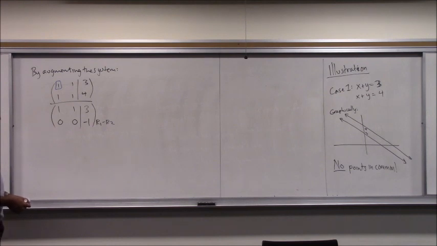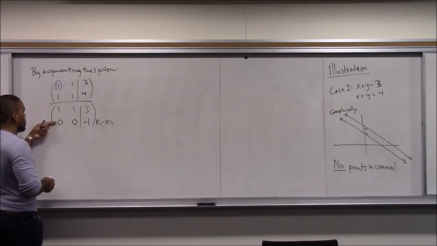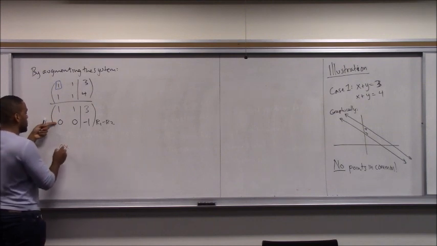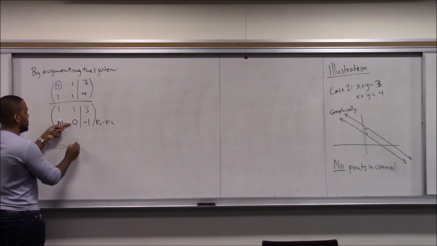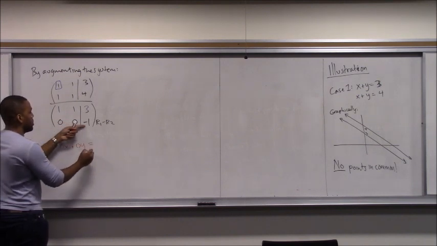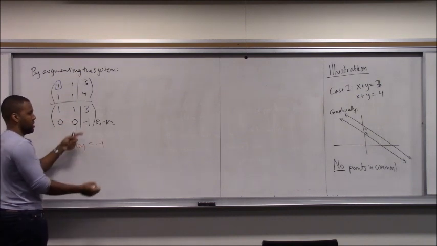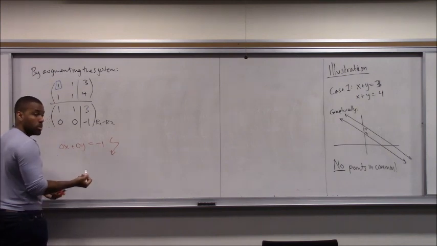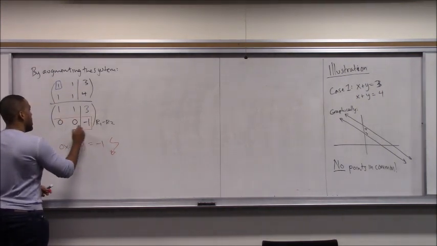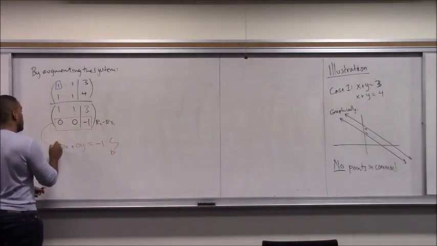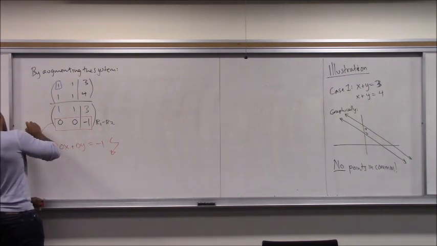Wait, no. It means 0 is the coefficient. Yes. Remember, the first column is the x. So this says 0x plus 0y equals -1. What? Impossible, right? So this line tells you it's inconsistent.